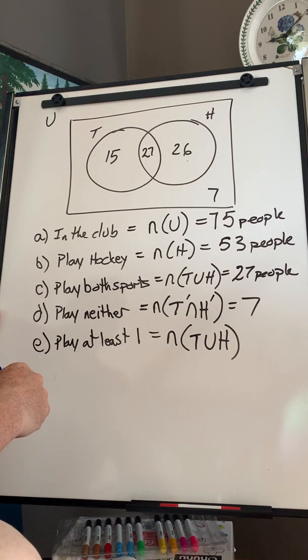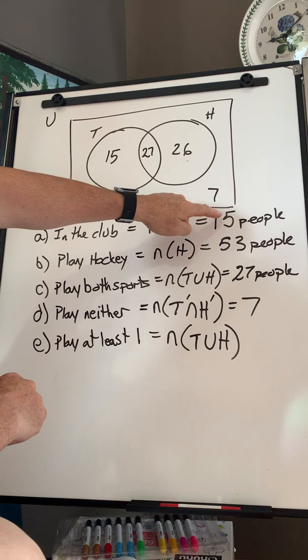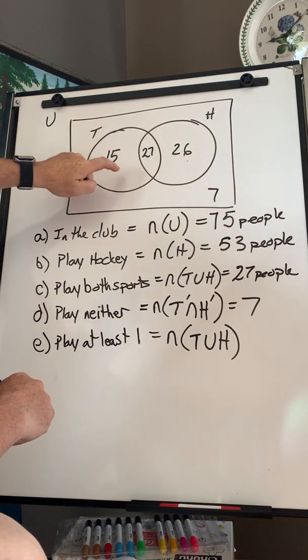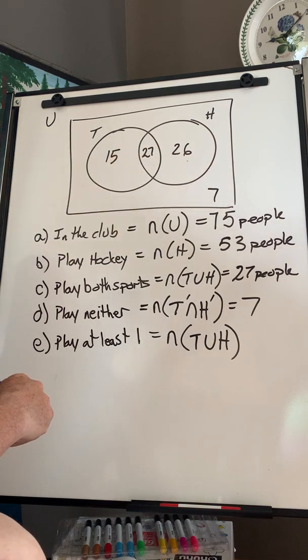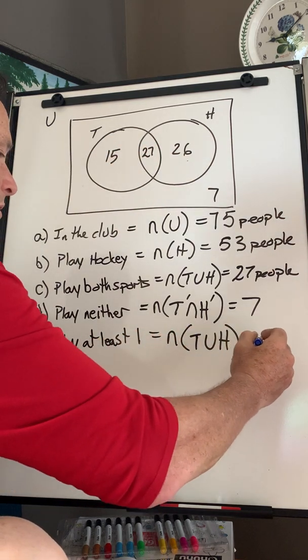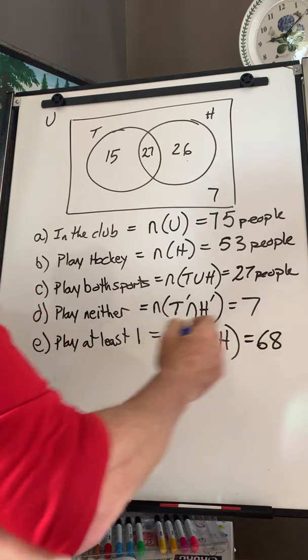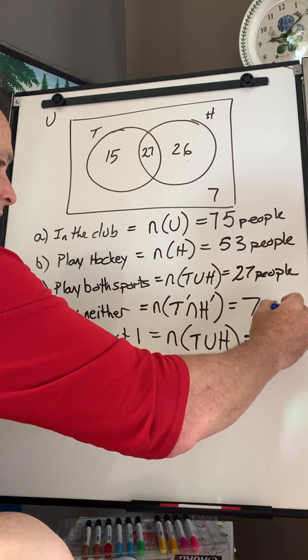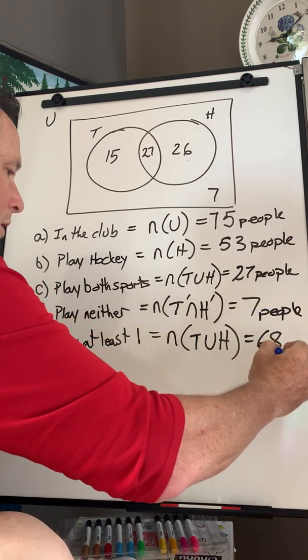So I can do it two ways. I can do 75 take away 7, and that will tell me how many are in those two circles, or I can just add up these three numbers. And that'll give me 68. Again, I almost forgot, people. People.